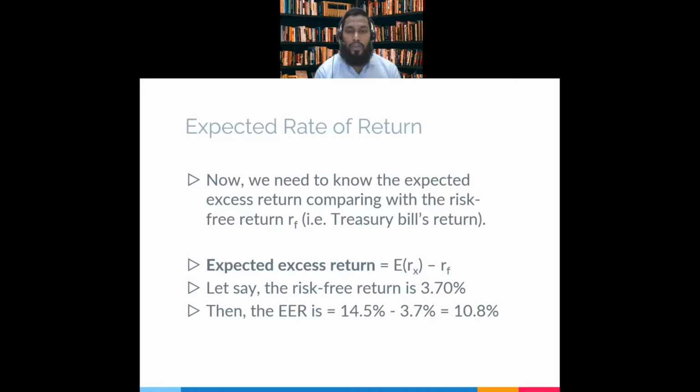So now we need to know the expected excess return compared with the risk-free return. As we know, risk should come with a return. So if someone is taking higher risk, he should get higher return.